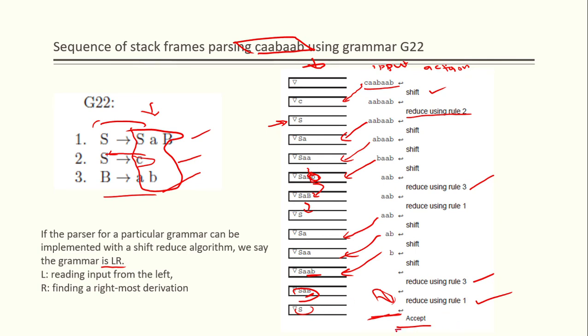So here you write down accept. Because no more input symbol. In order to accept, there must be no more input symbol, and the one inside the stack is the start symbol. So that is called accept. So that is how you do the shift and reduce operations using grammar G22.